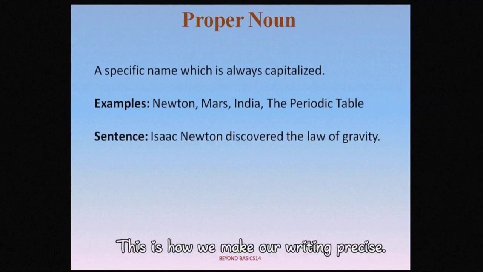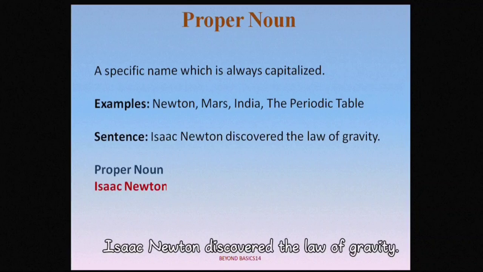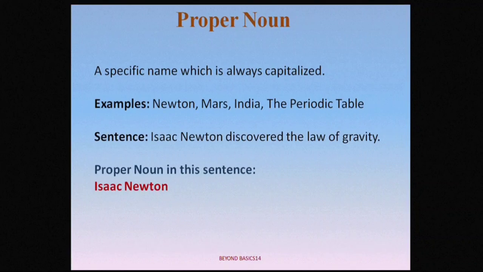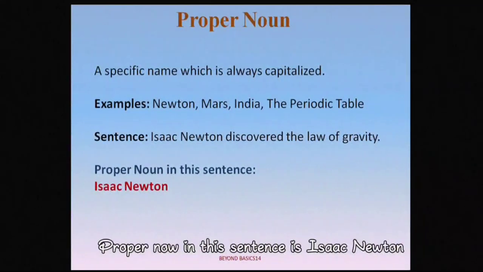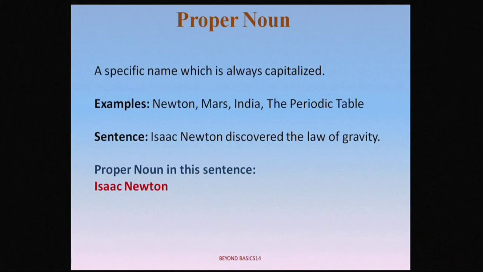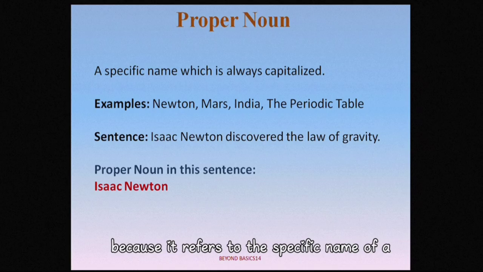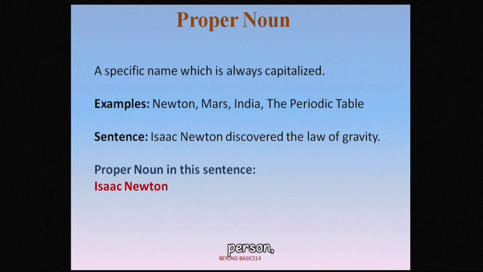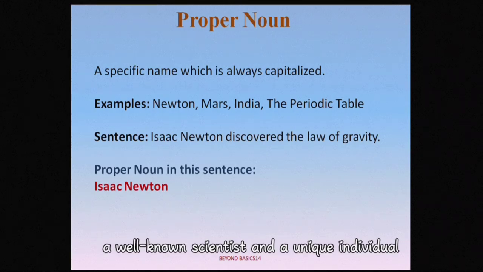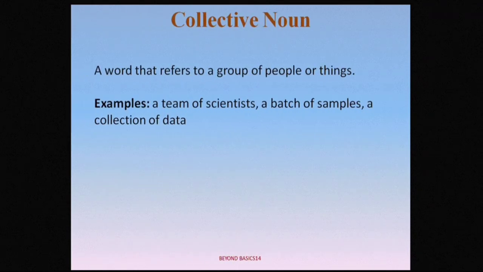This is how we make our writing precise. Isaac Newton discovered the law of gravity. Proper noun in this sentence is Isaac Newton, because it refers to the specific name of a person, a well-known scientist, and a unique individual in history.